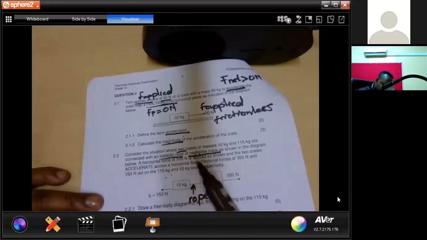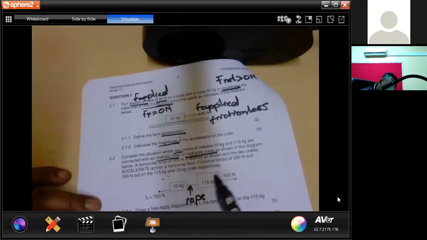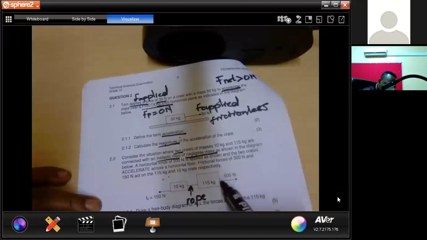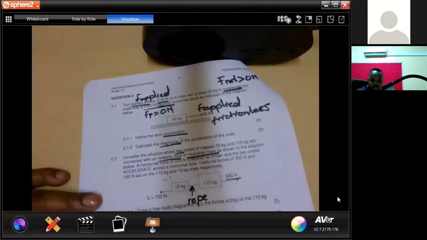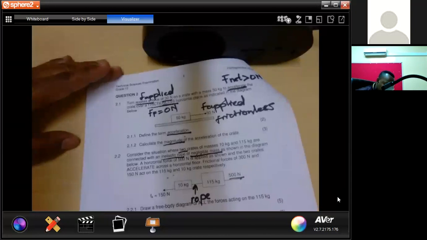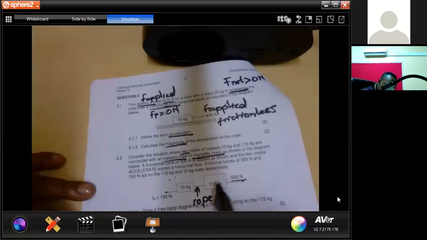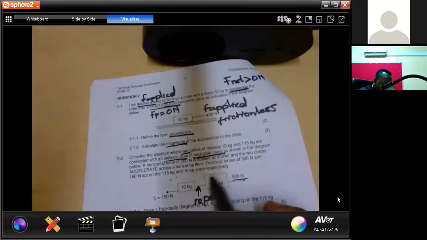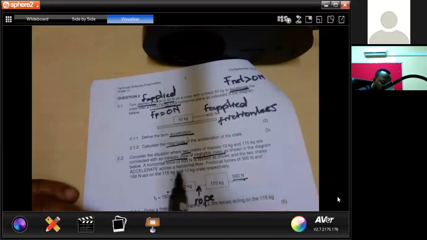So if we read that statement, we go and check as shown. That 115 kilogram mass has that applied force of 500 newtons. The applied force is only acting on the 115 kilogram object.